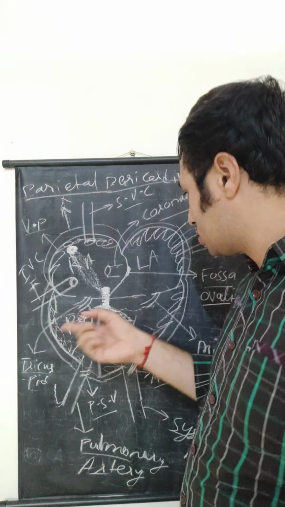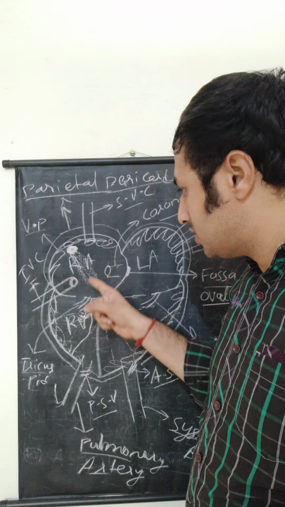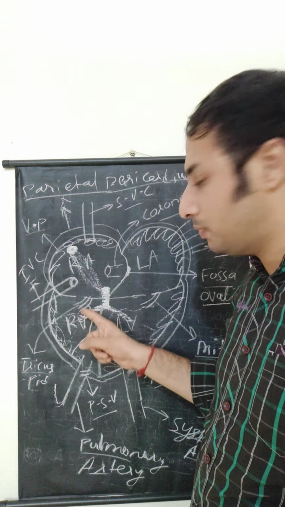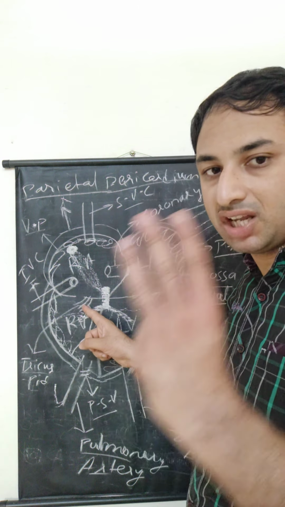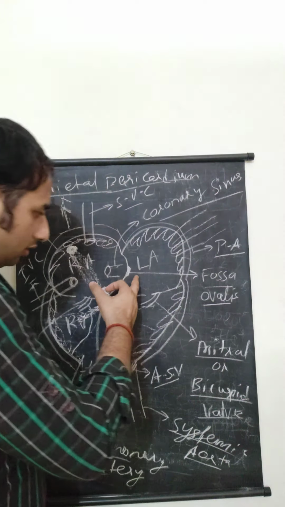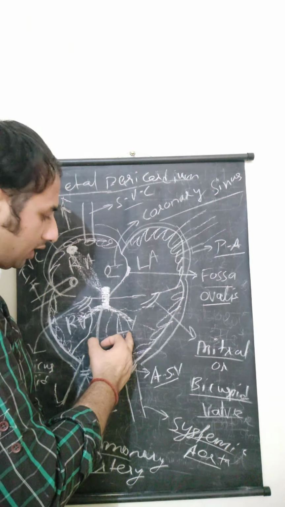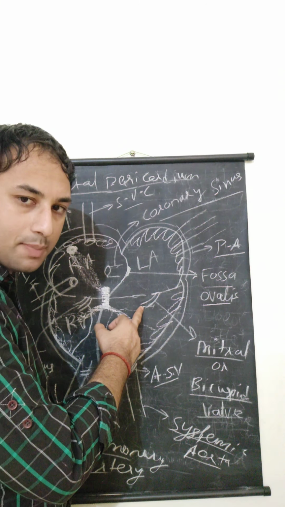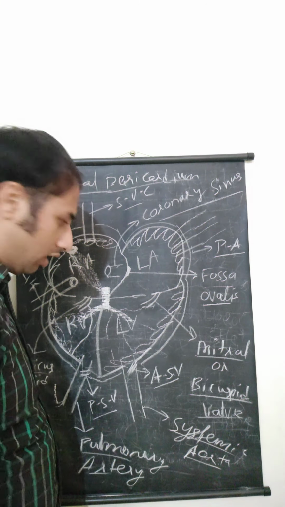The valve guarding the opening between the right auricle and right ventricle is called the tricuspid valve, because this valve is made up of 3 cusps or flaps. The opening between the left auricle and left ventricle is guarded by a valve made up of 2 flaps or cusps, called the bicuspid valve.